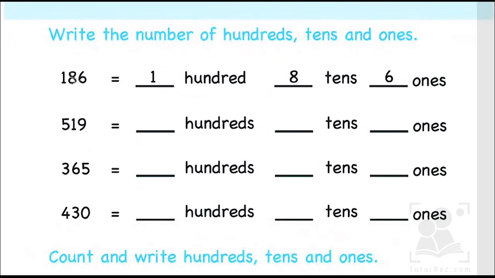Here we have to write tens, ones and hundreds. Similarly, the first one has been done for us. 186 has been broken into 100, 8 tens and 6 ones. What about 519? This is 5 hundreds, 1 tens and 9 ones.